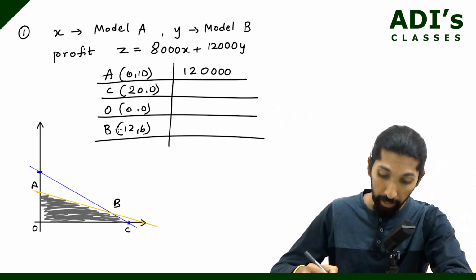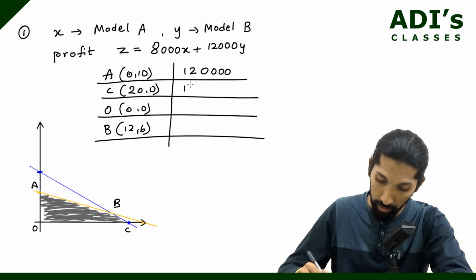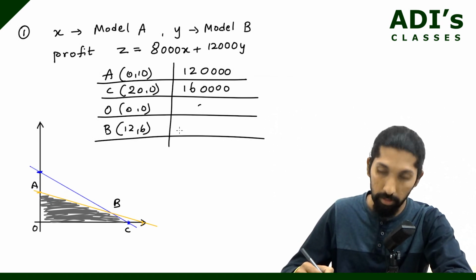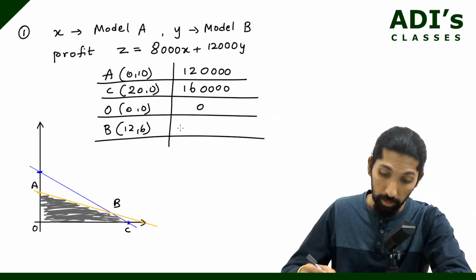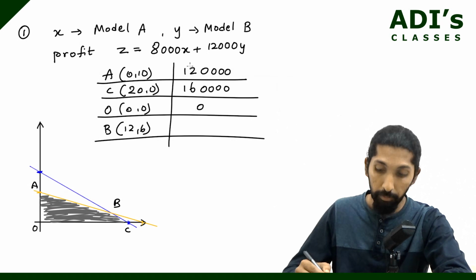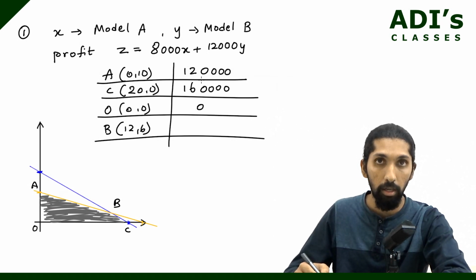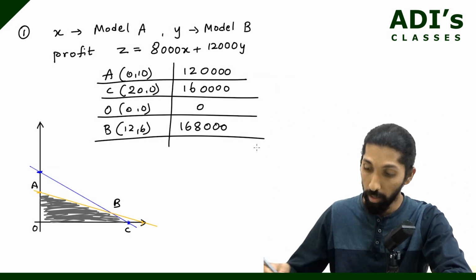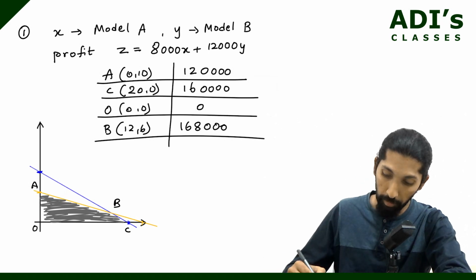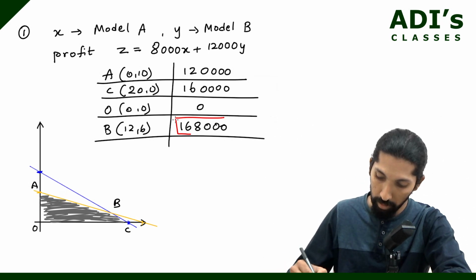If you take 20, 0, then it's going to be 16 followed by 4 zeros. Then this is 0 anyway. But if you take 12, 6, that's 8000 into 12 plus 12,000 into 6, which gives us 168,000.